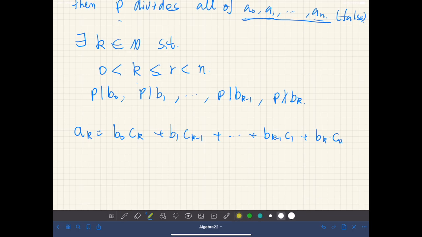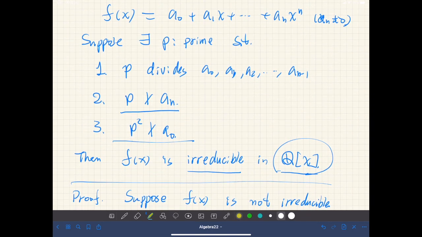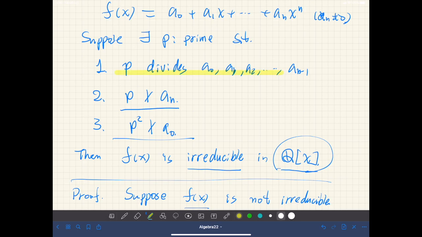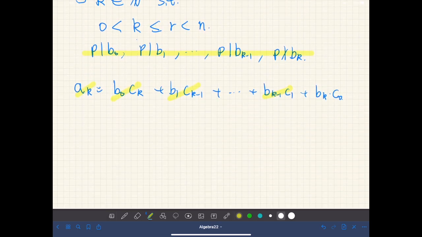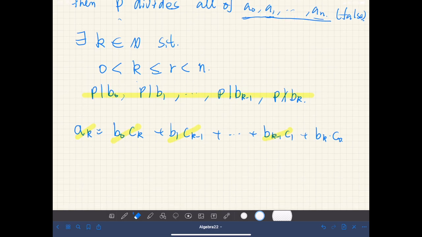Now, from this assumption, p divides this up to this term, and also by assumption p divides ak. Okay, so actually there shouldn't be an equal sign here.